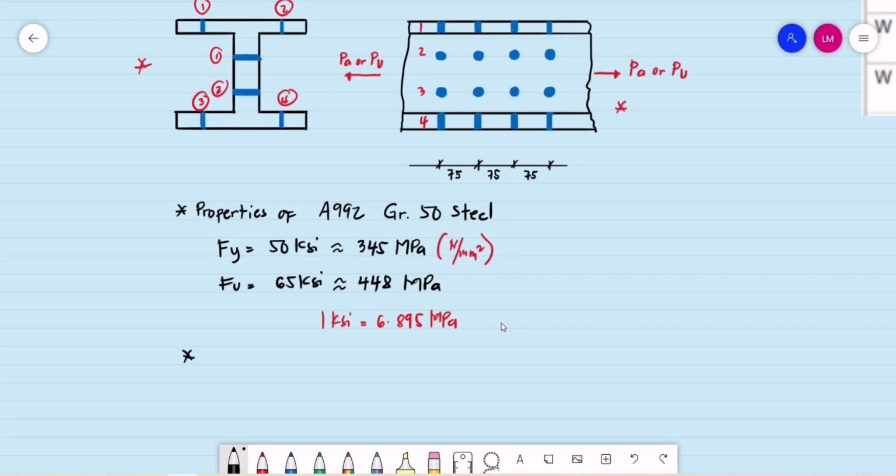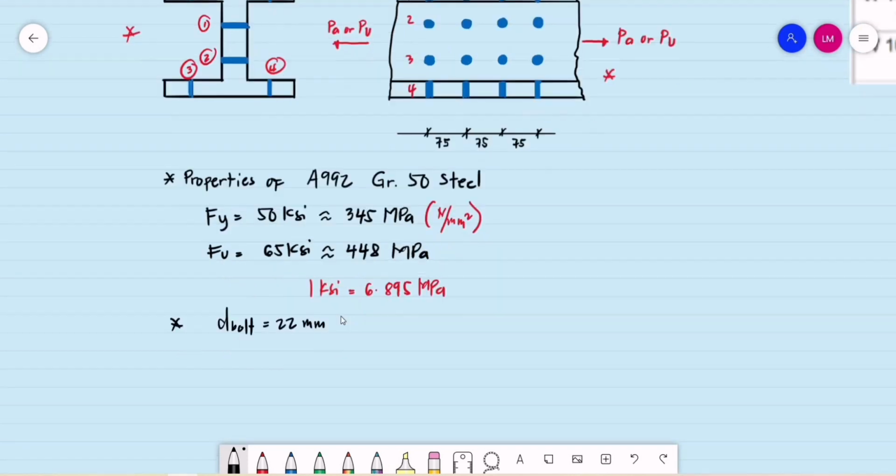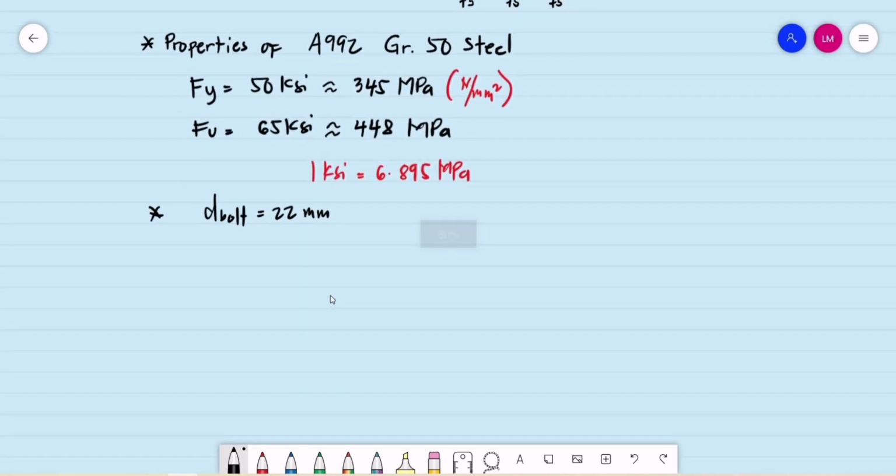the diameter of the bolt to be used is equal to 22 millimeters. But from AISC, what will be the equivalent nominal diameter of the hole? It can't be the same as 22 millimeters.